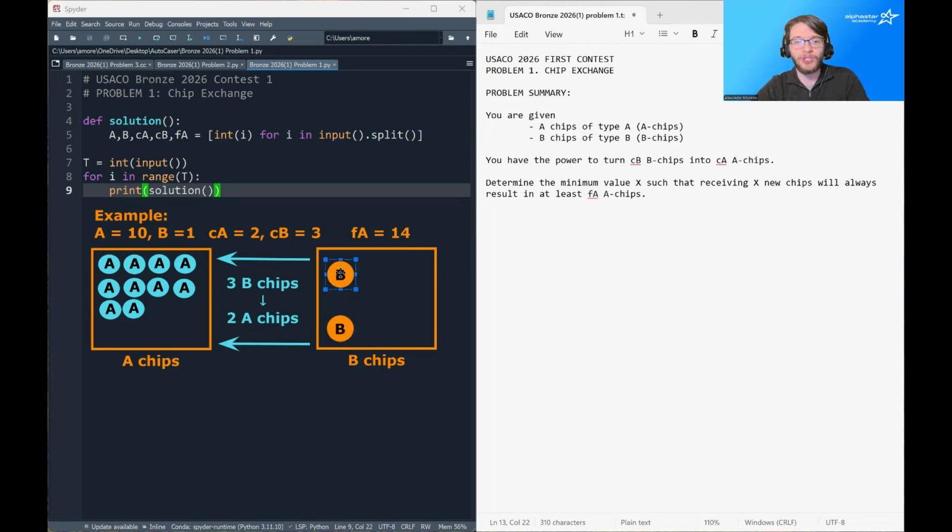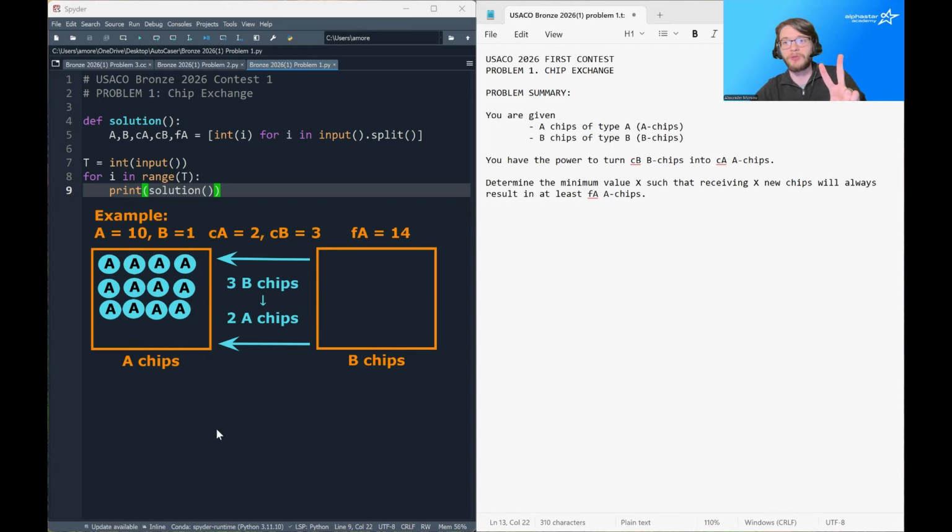So if I instead choose to give myself 3 copies of the B chip, or let's say 2 copies of the B chip. So we're going to start with 2 copies of the B chip. Those 3 B chips that are now in the B chip collection can be transformed into 2 A chips. So I'm going to give myself 2 A chips.